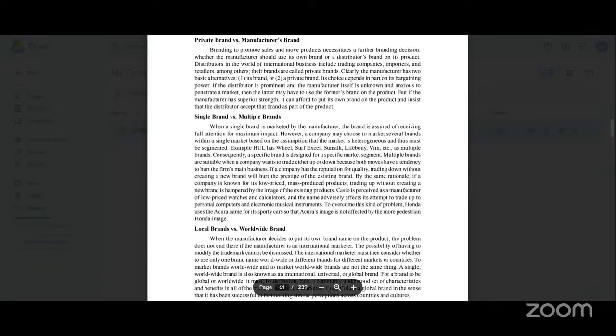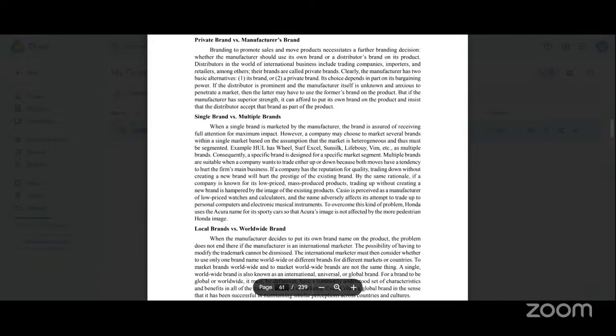Multiple brands are suitable when a company wants to trade either up or down, because both moves have a tendency to hurt the firm's main business. So, do I want to trade higher or trade lower? If a company has the reputation for quality, trading down without creating a new brand will hurt the prestige of the existing brand.